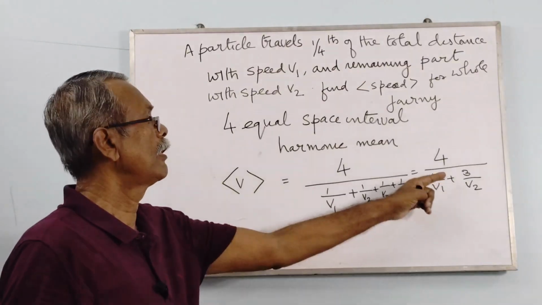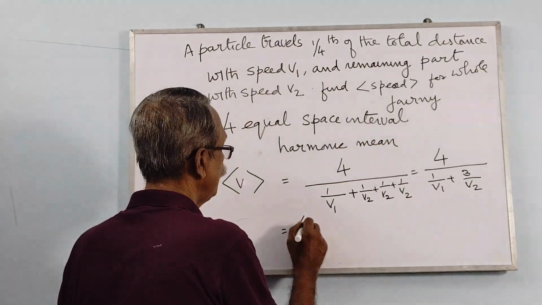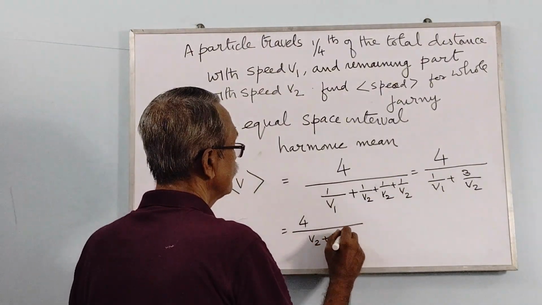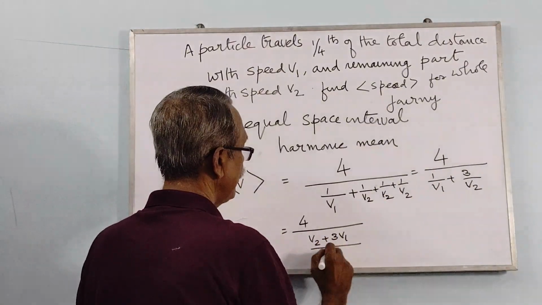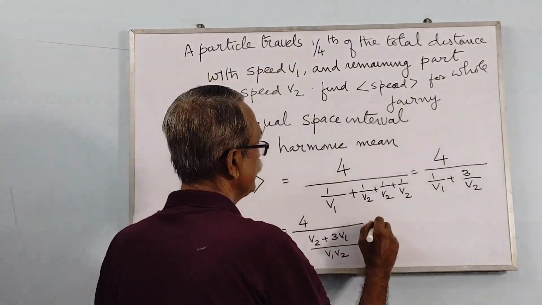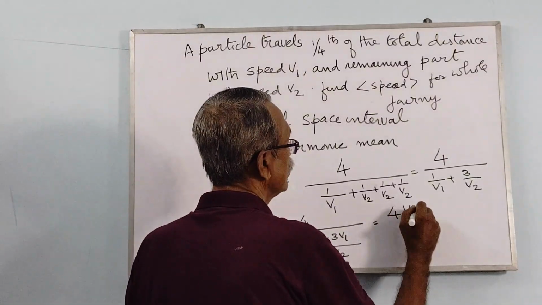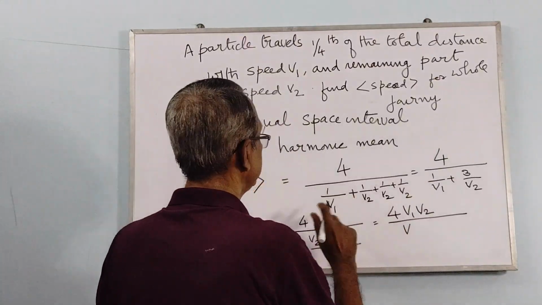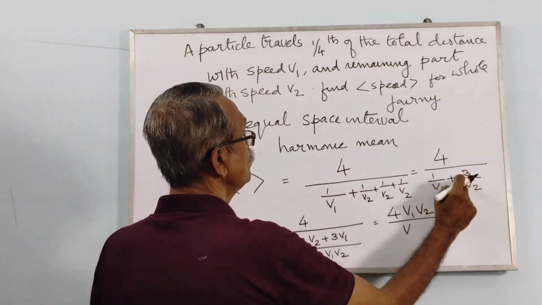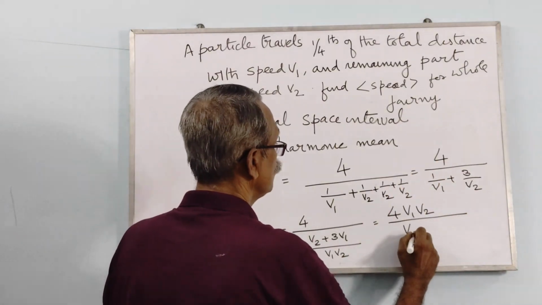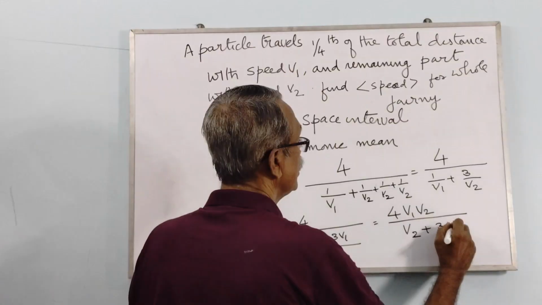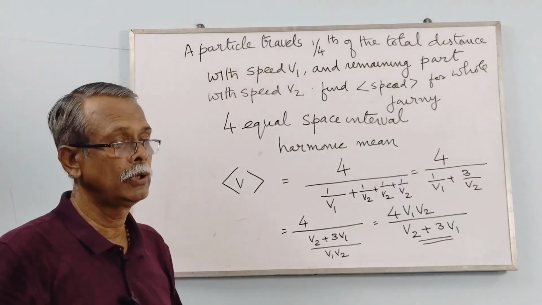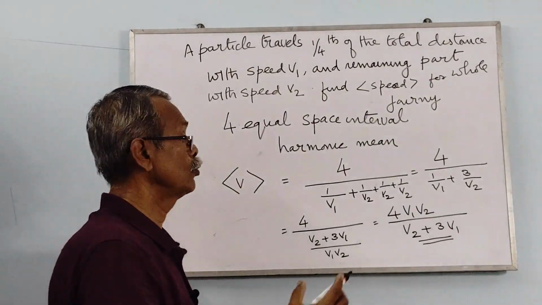Taking the common denominator v1 v2, this is 4 divided by (v2 plus 3 v1) divided by v1 v2, which equals 4 v1 v2 divided by (3 v1 plus v2). This will be the answer.